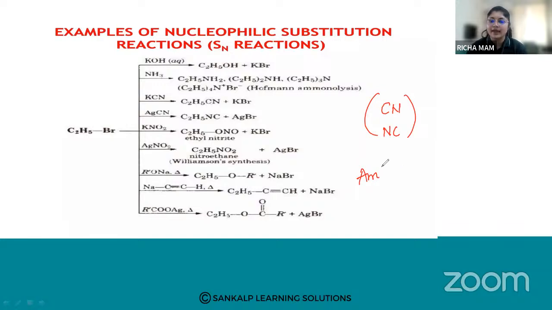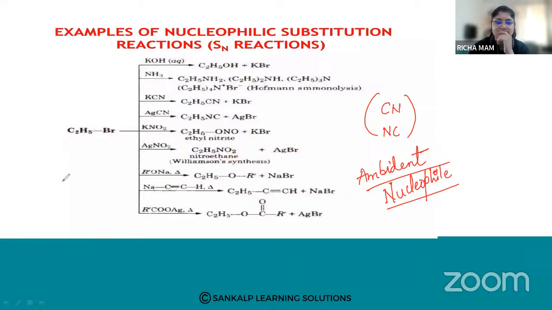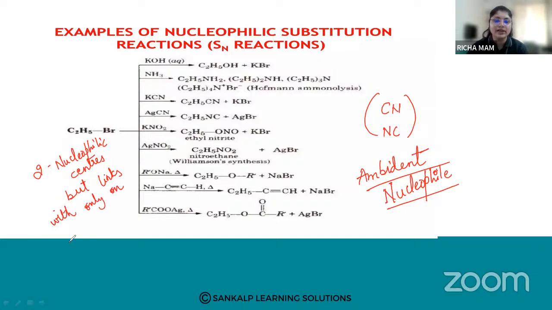An ambident nucleophile is a nucleophile having two nucleophilic centers, but it links through only one center at a time.